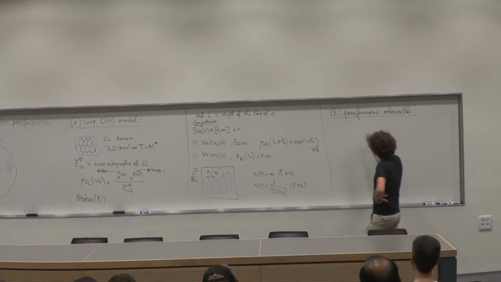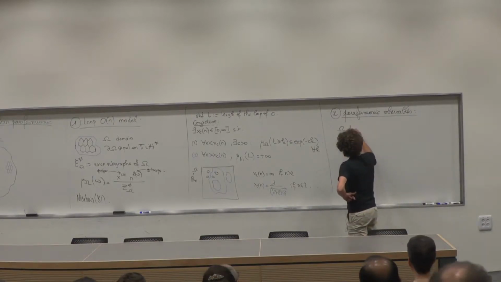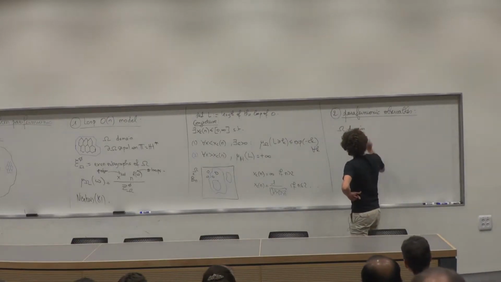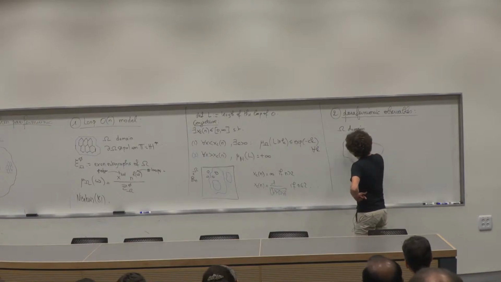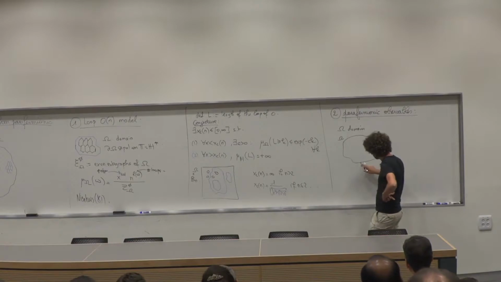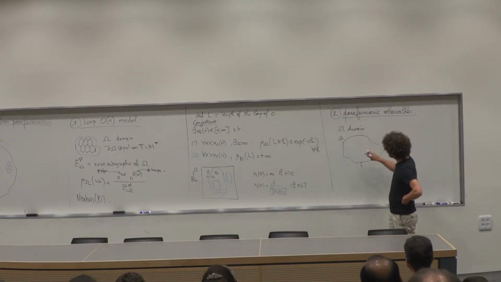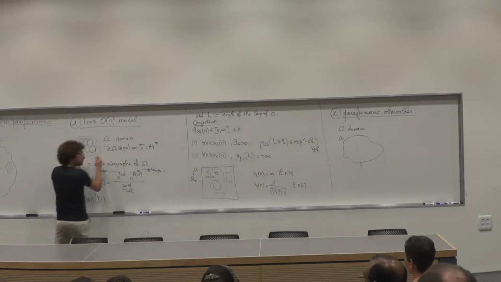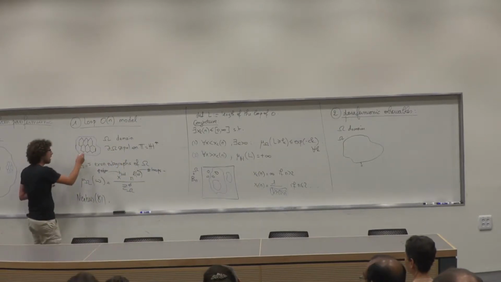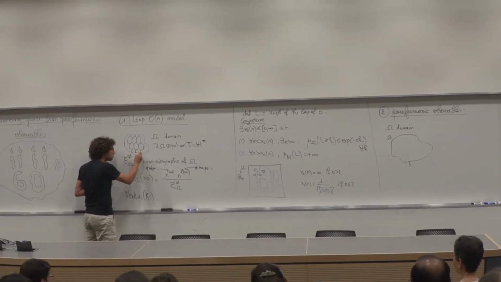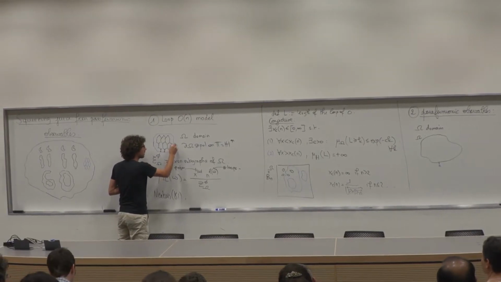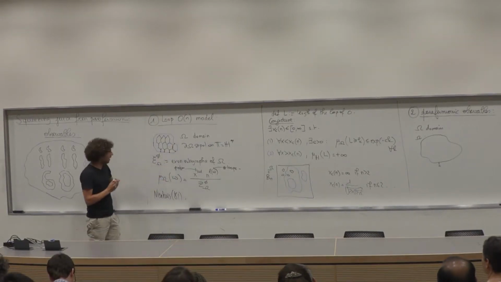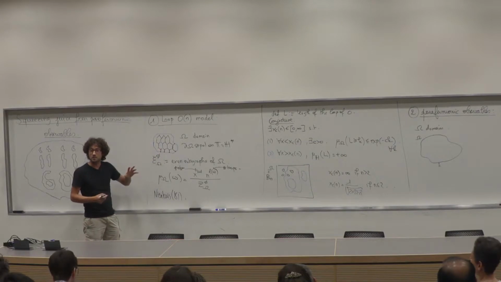What you are going to do, you take a domain. This is your domain omega. And you pick a point on the boundary A. What I mean by the boundary is that I will see my domain as really what you cut when you remove your self-avoiding polygon. So you have half edges like that, lying at the end of the thing. So I include these in my domain.